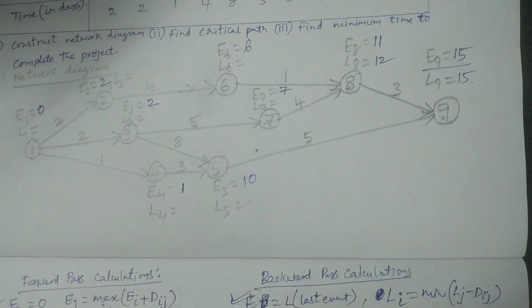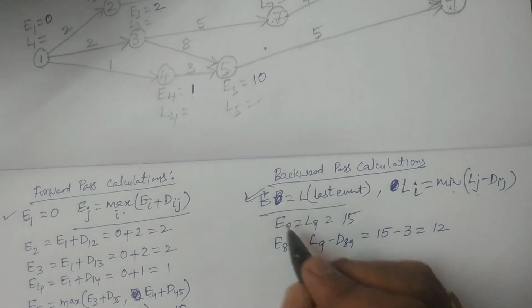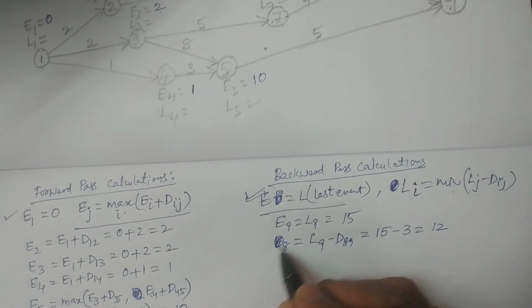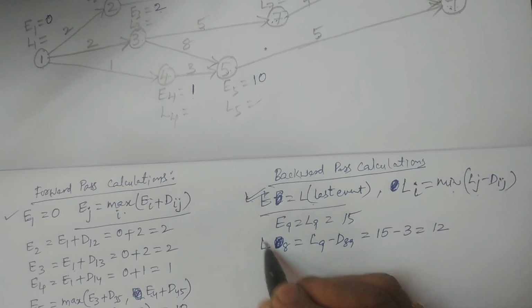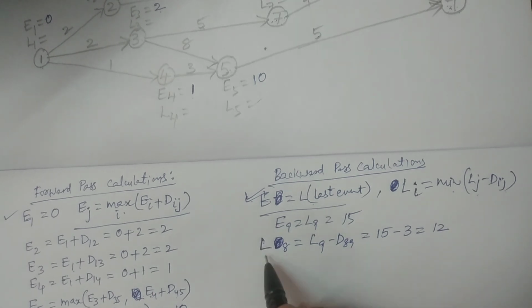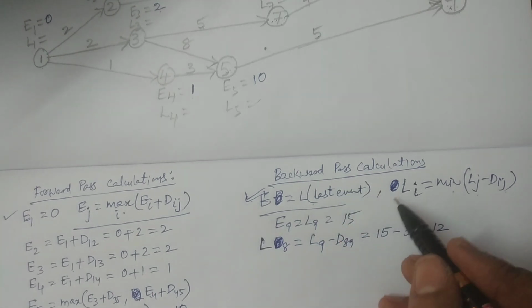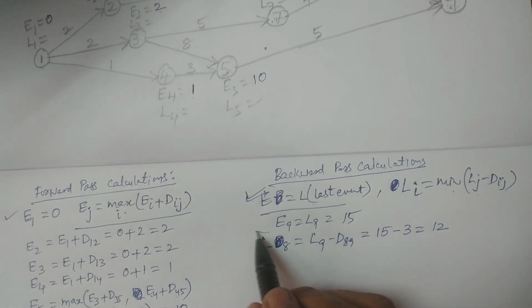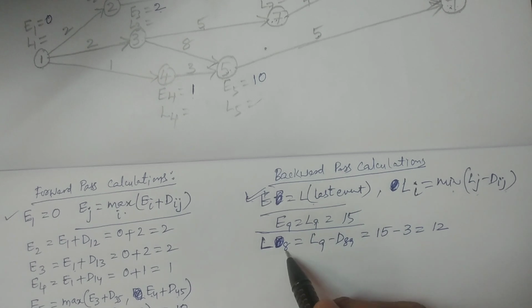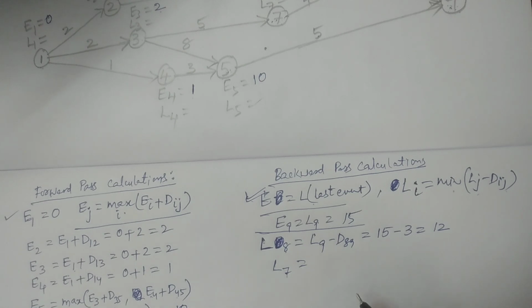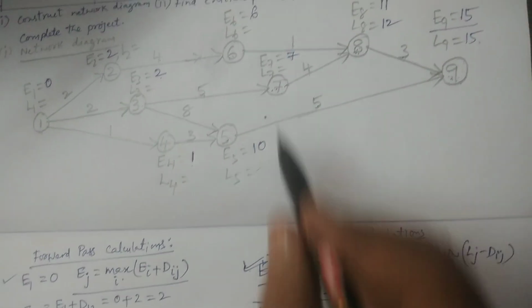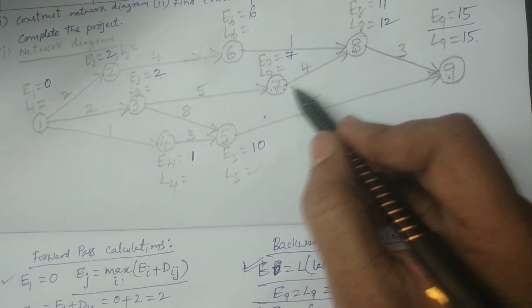Clear? Then coming to 7, that is L7. Sorry, that is L8, not E8. We are finding the latest values. Only the first one is E9 is equal to L9. The remaining values are L. That is L9, after that we have calculated L8, and then L7 is going to be calculated. How many connections are there?